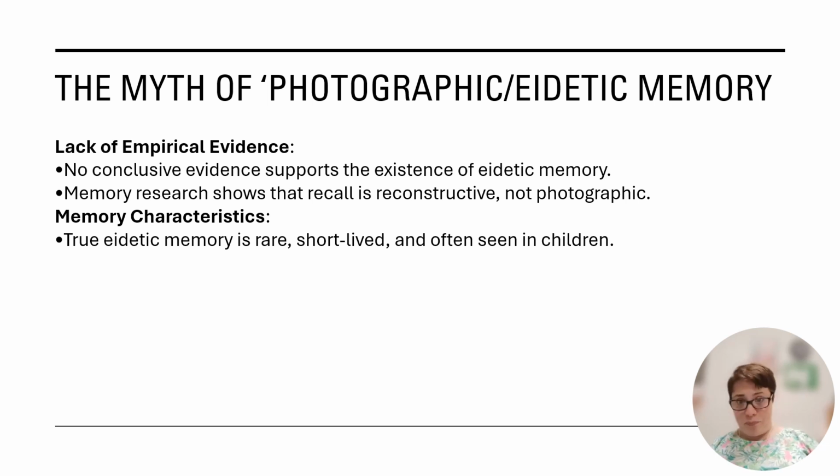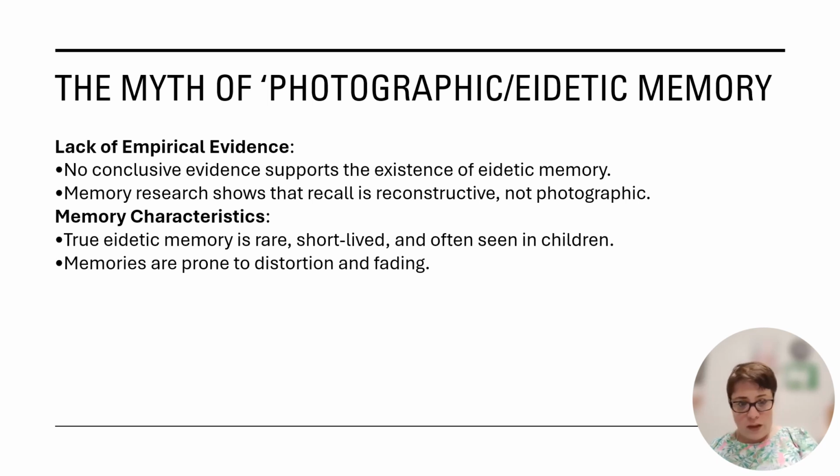And they're gone. So these individuals do not recall details with the performance and accuracy that would be expected of a photographic memory. So memories are prone to distortion and fading.